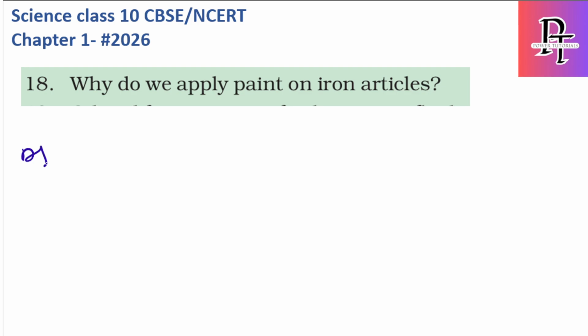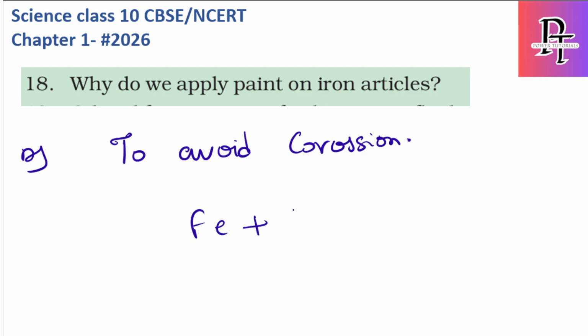Okay, 18th. Why do you apply paint on iron articles? It is to avoid corrosion. Because iron, when reacted with moisture or air, what happens? It forms Fe2O3, which is rust.